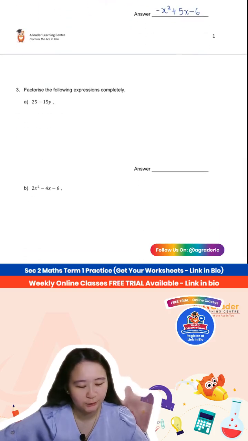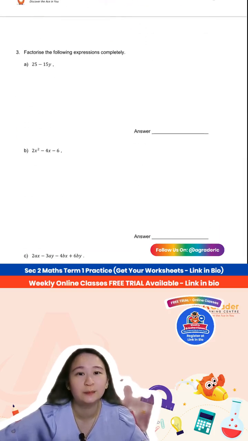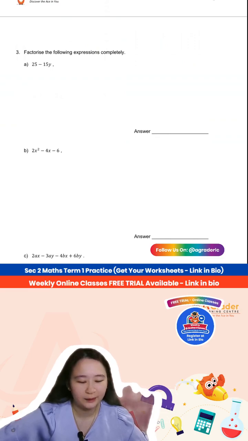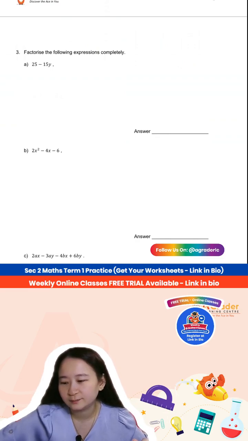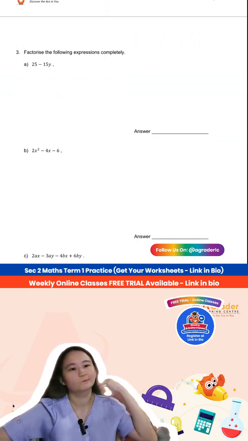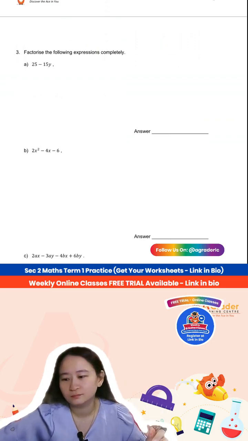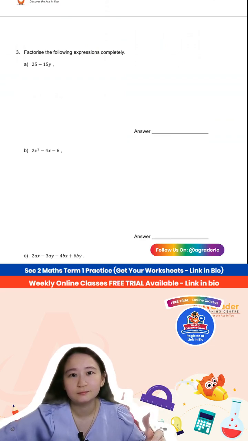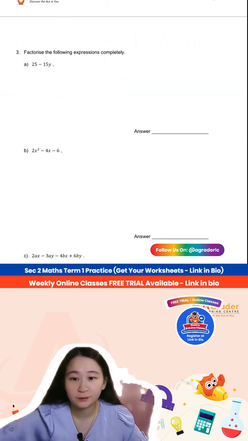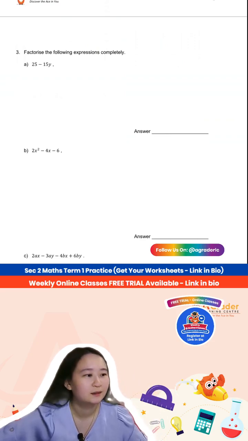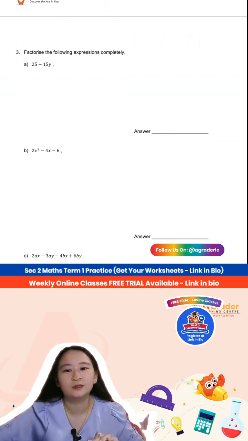Question 3, factorize the following expression completely. So to factorize, you have to find the common factor. For part A, what is the common factor between 25 and 15? Yep, you got it right.